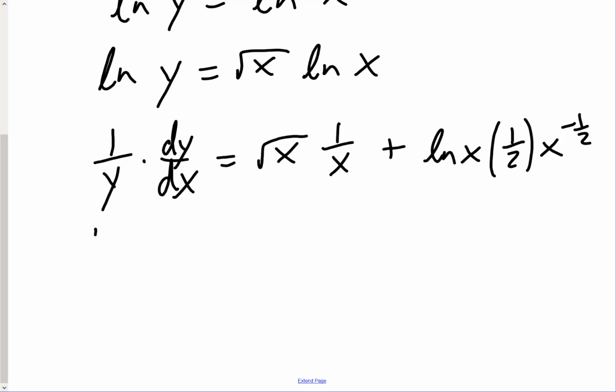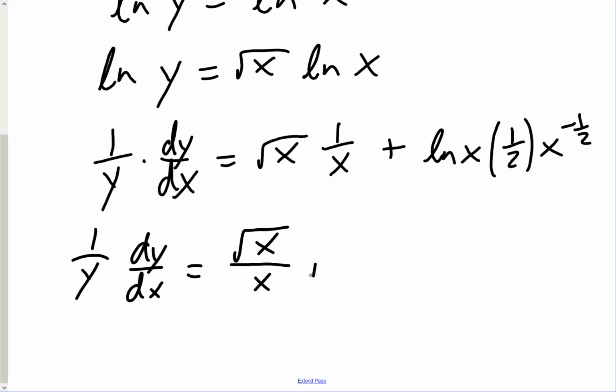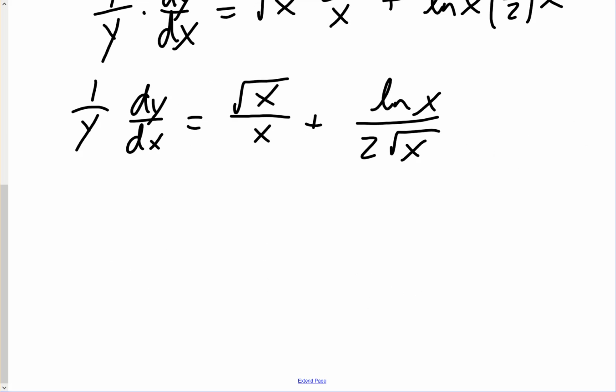So we're going to simplify a little further. We have square root of x over x plus, this will be ln x over 2 square root of x. So this square root of x over x, that would actually simplify a little further. We could cross out square root of x. Picture this as being x to the 1/2 over x to the 2/2.